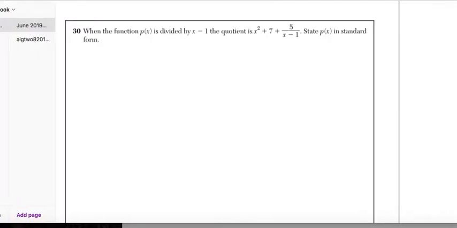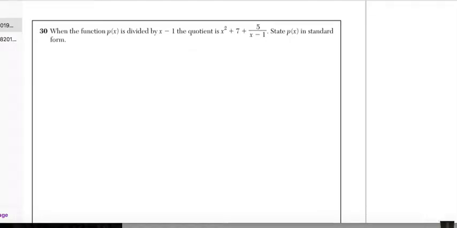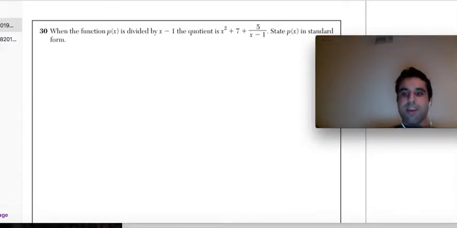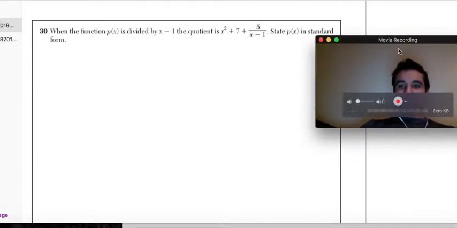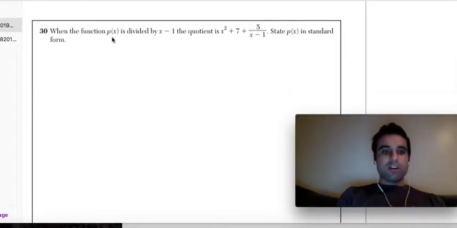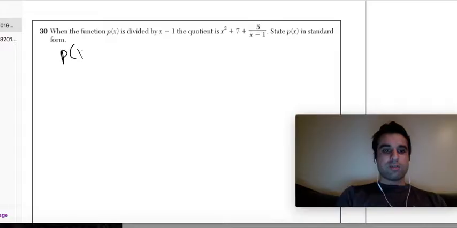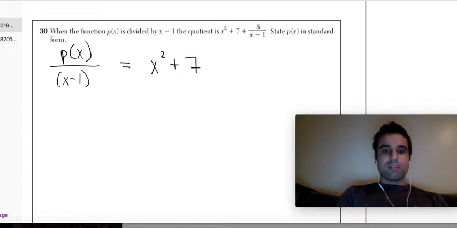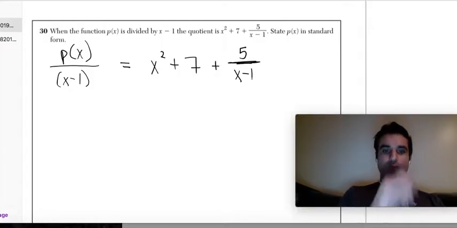When the function p of x is divided by x minus 1, the quotient, which means the result you get when you divide, is x squared plus 7 plus 5 over x minus 1.